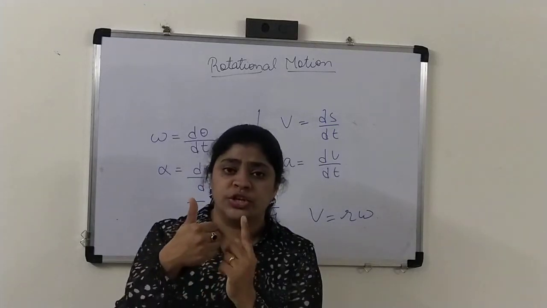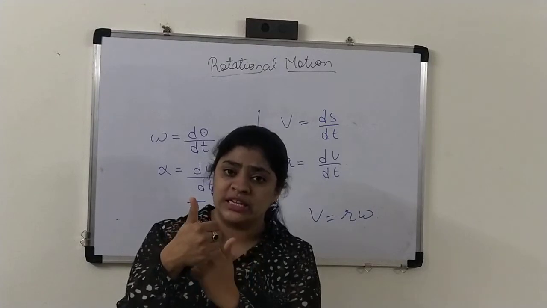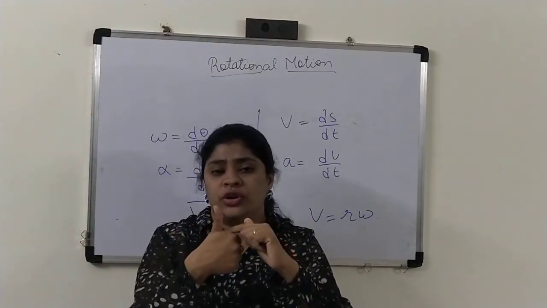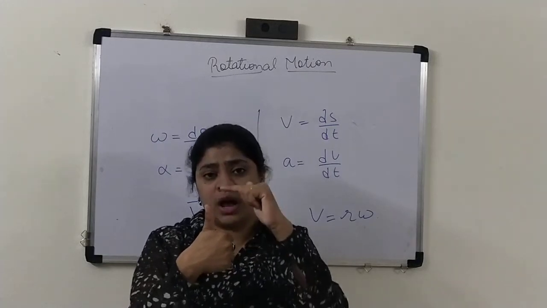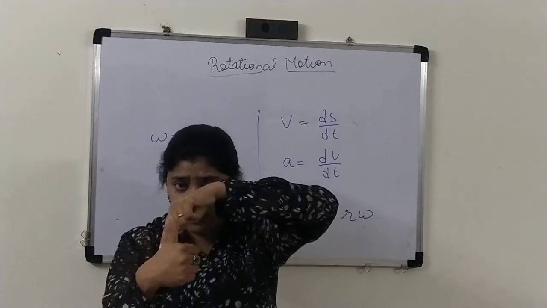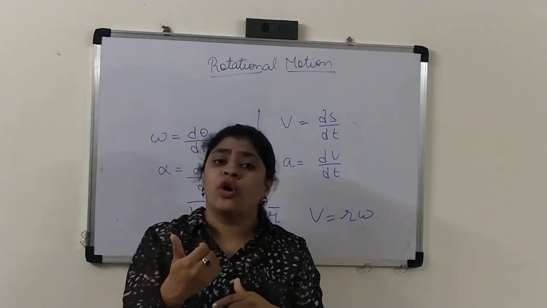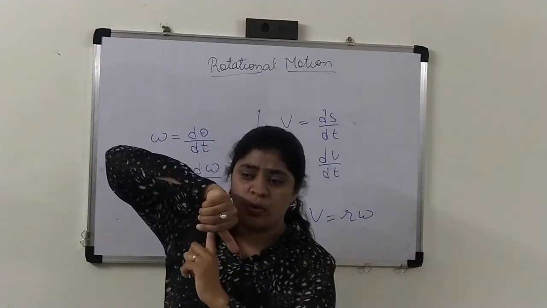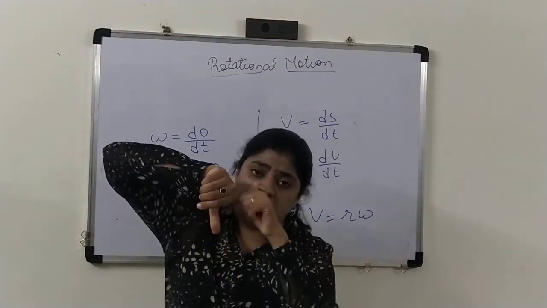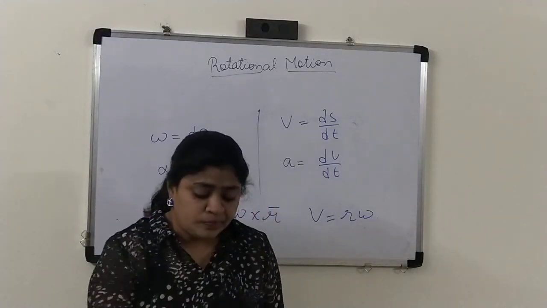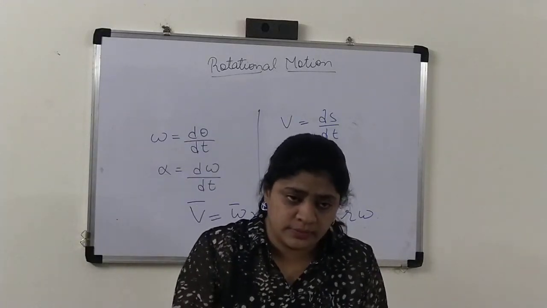That means the body is rotating in the anti-clockwise direction, so the direction of omega is upwards along the axis of rotation. If it's clockwise, the direction of omega is downwards, right?